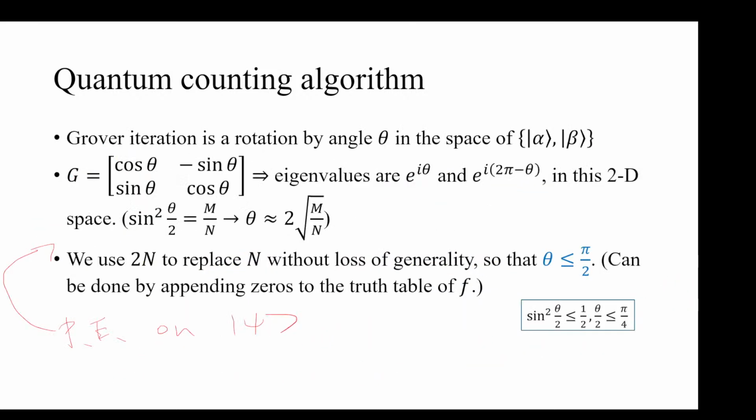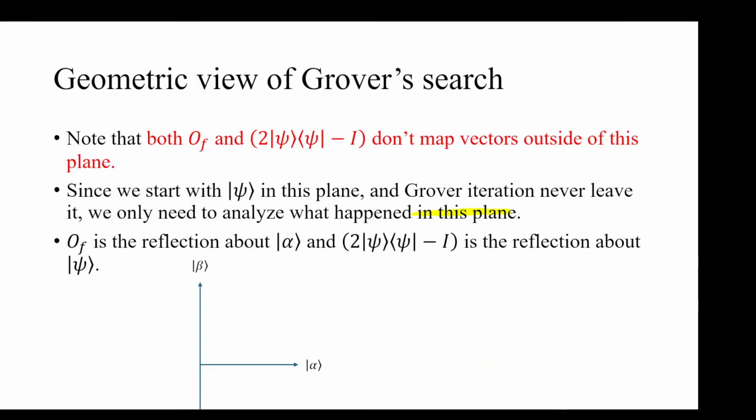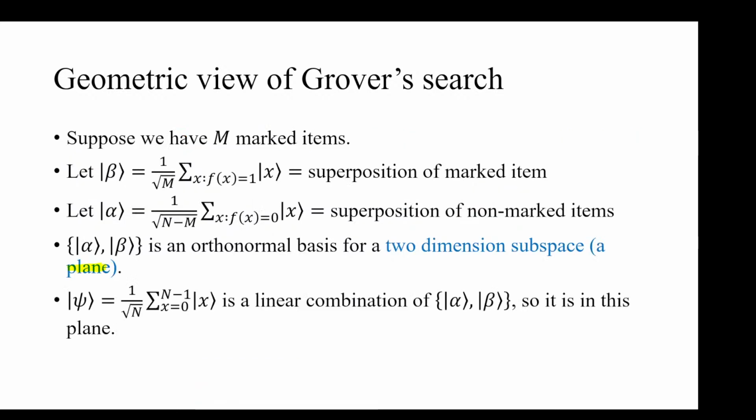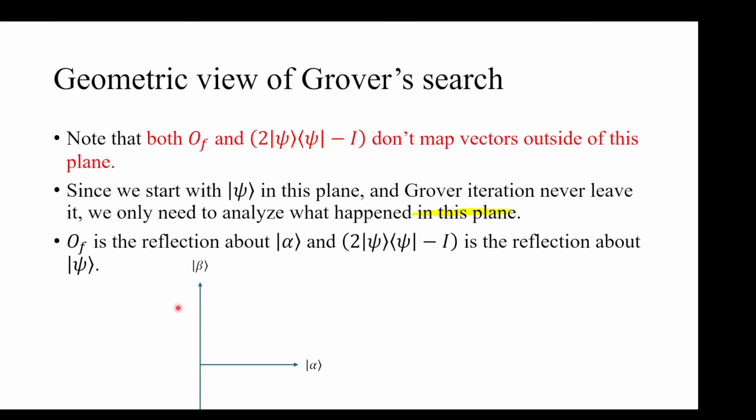As we said before, this psi state is a linear combination of alpha and beta, and so it's in this plane.